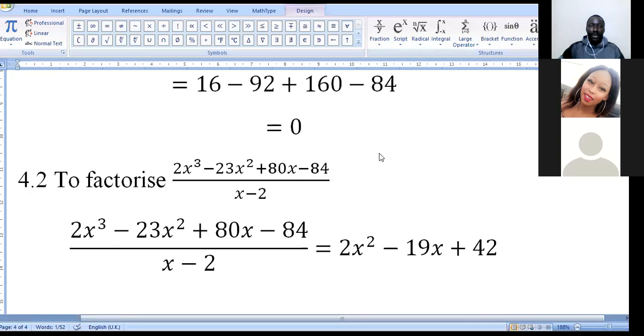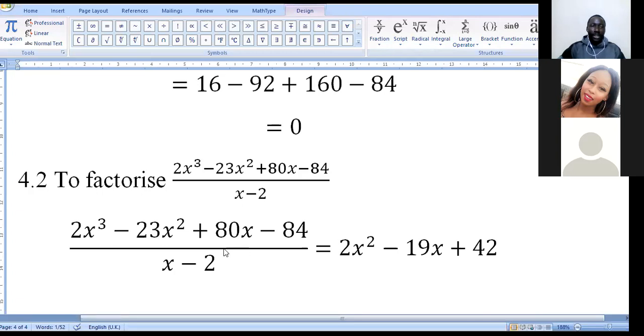Let me bring it right back. There we go. Okay. So yes, the screen is now readily available there.